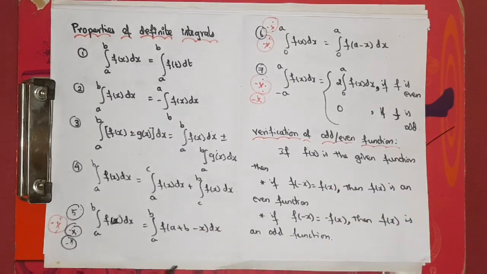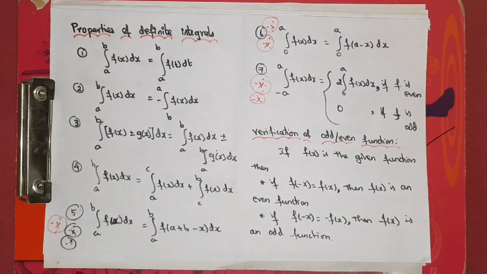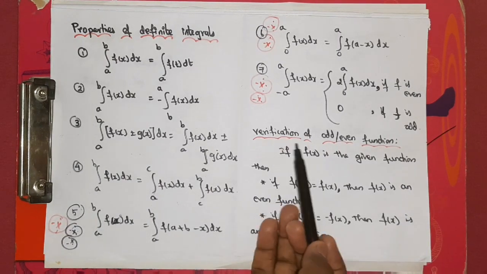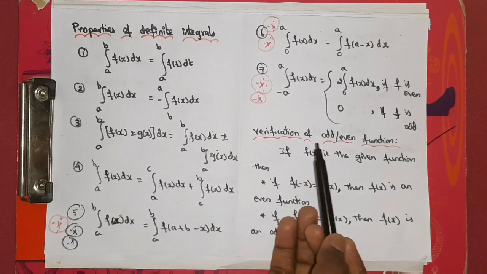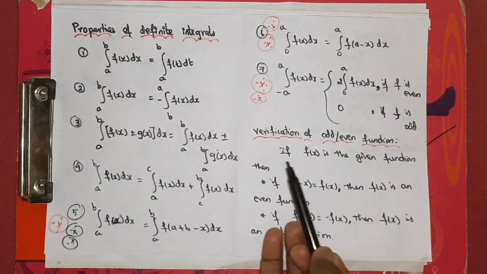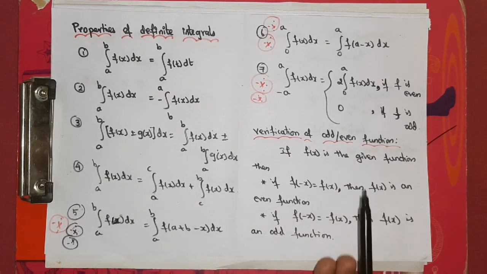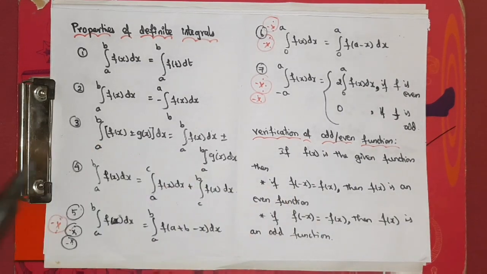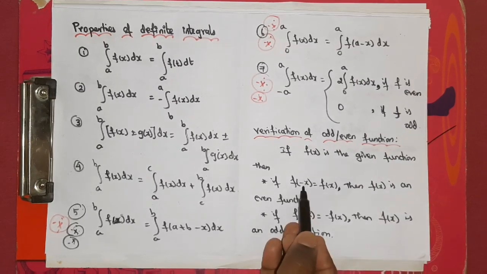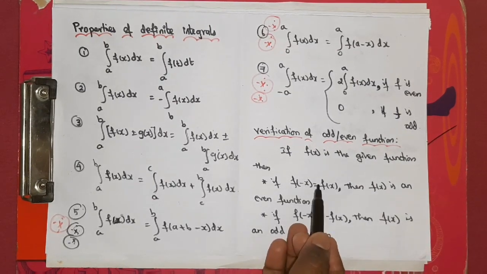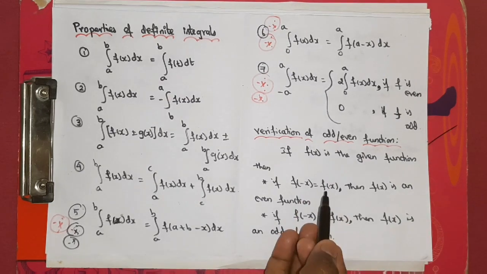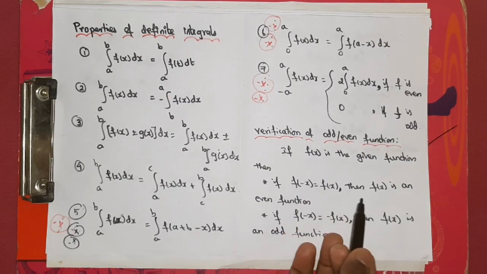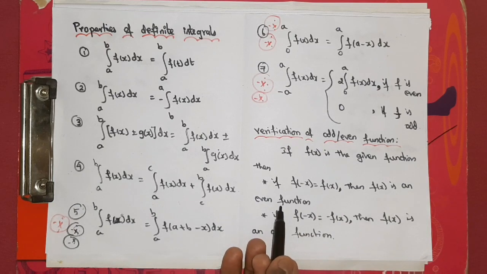But how do we verify whether the given function is odd or even? That's very easy; here we have a verification process. If f of x is the given function, replace x by minus x. When I apply minus x, if it gives the same original function as the answer, then f of x is an even function.